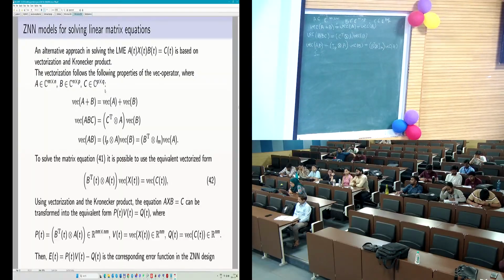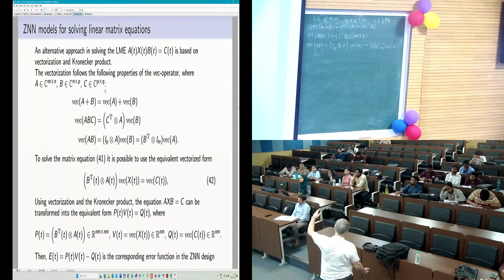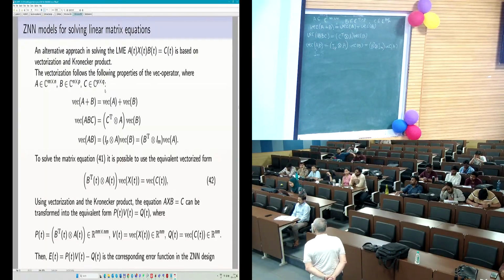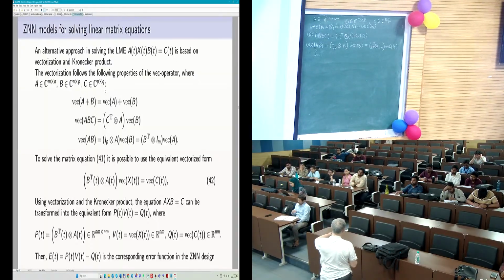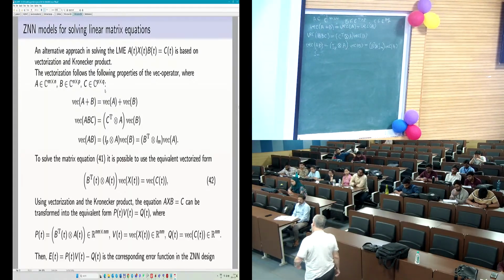Any matrix problem we can transform into vector form. It will belong to the vector on the right-hand side. The matrix will be of big dimension, but a general model is a system of linear equations. Even a system of matrix equations can be considered in this form.